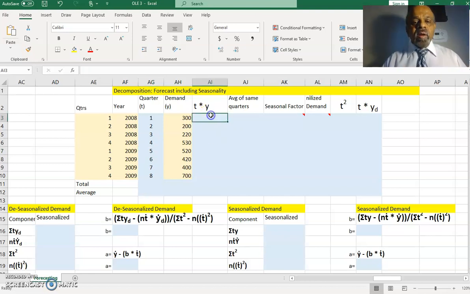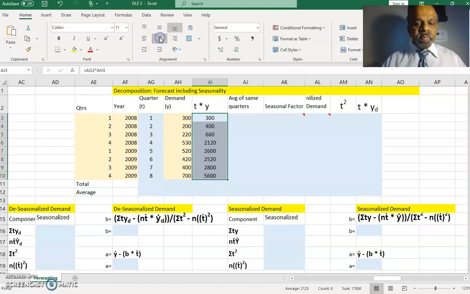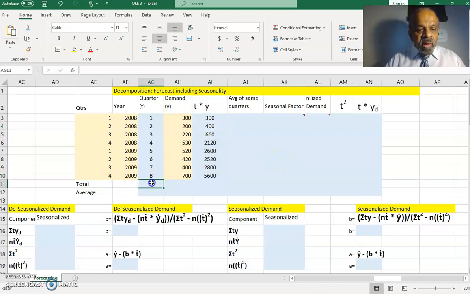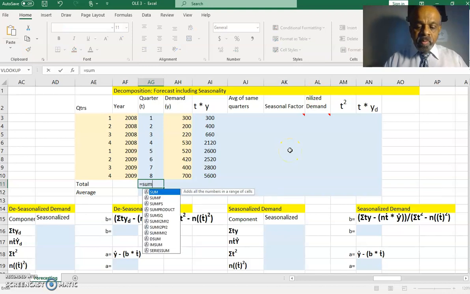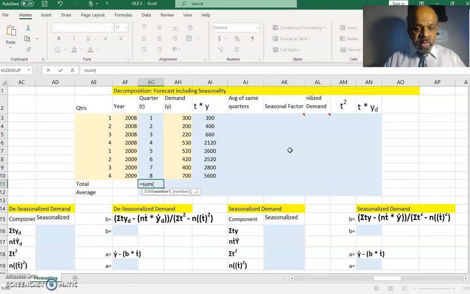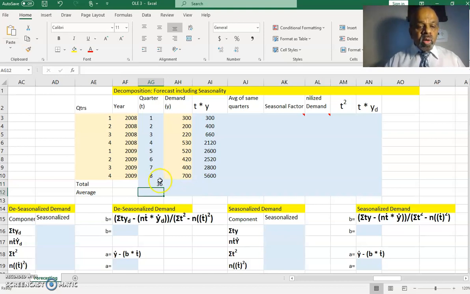I'm going to calculate T times Y, which is T, which is 1, times Y, which is 300. I'm going to copy and paste this, and that is my T times Y. I'm also going to calculate the total of my T, which is the sum of this whole thing, and that gives me my total.